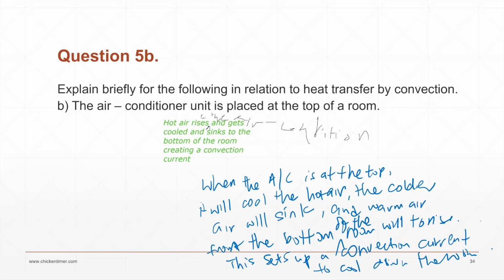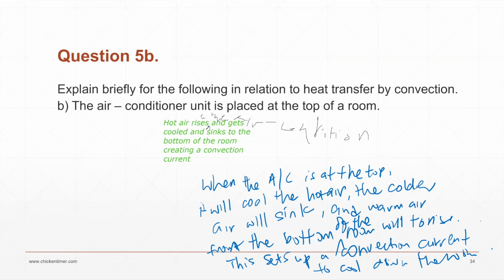So you have to say why it is on top. Then when it's on top, what can it do? It can cool down the hot air. So cooling down the hot air causes the cold air to sink.